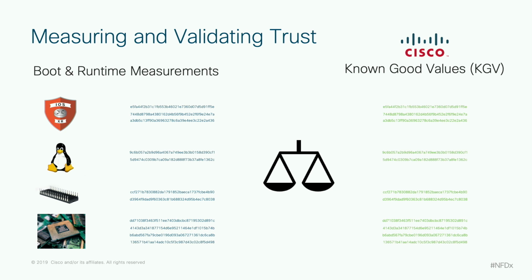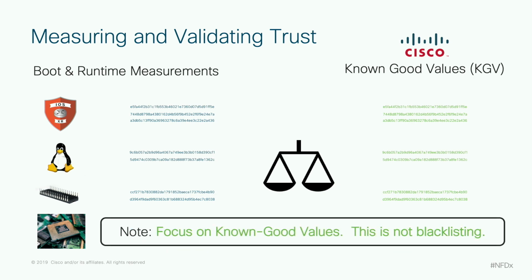You can measure this. And if you can securely store and report this, you can go back to a known good value. If you can look at systems inside your platform and say, this is exactly what I've seen, these are hashes, these are unique cryptographically, I can then come back and combine these two and say, what have I seen that's changed? And that's really what this is about.